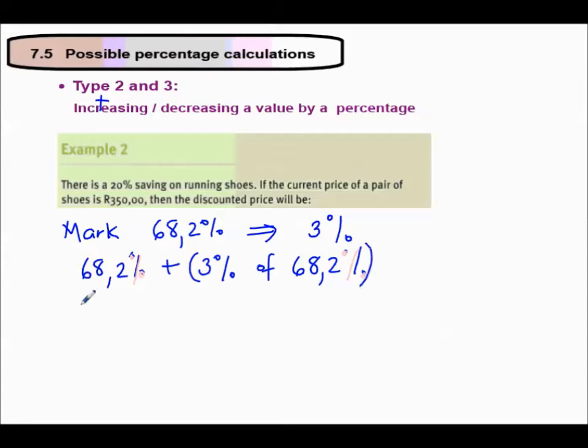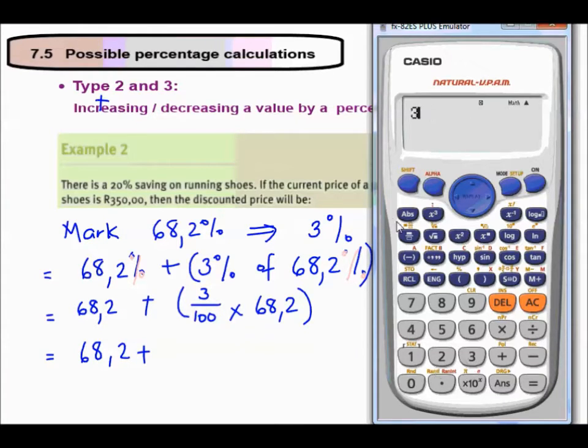So we're going to say 68.2, the mark, plus 3% is 3 out of 100 times 68.2. Right, so we're going to have 68.2 plus 3 out of 100 multiplied by 68.2 equals 2,046.